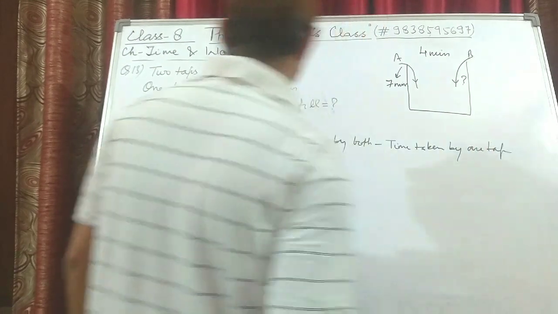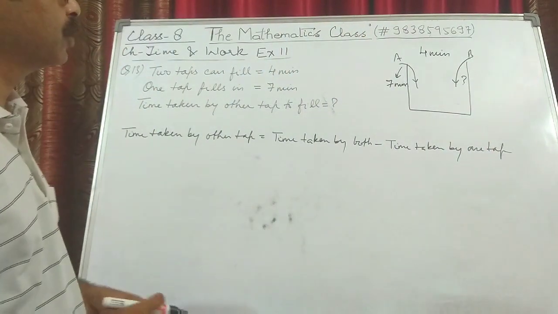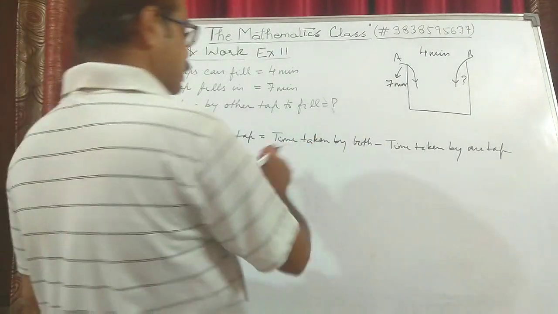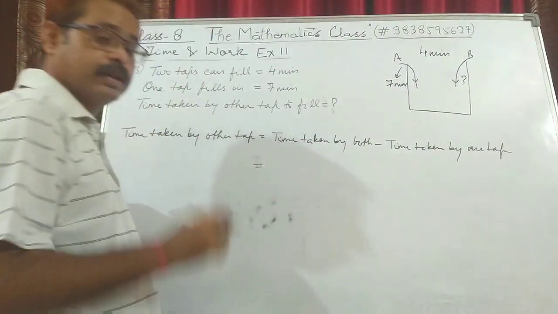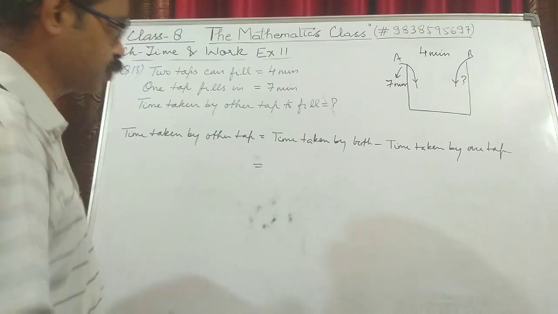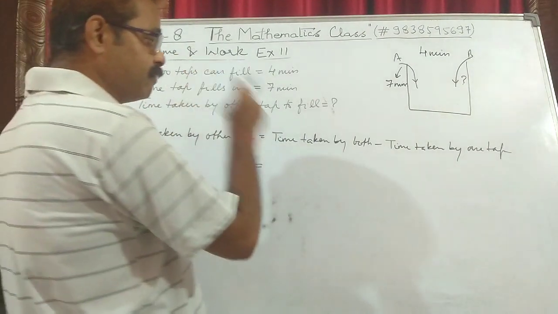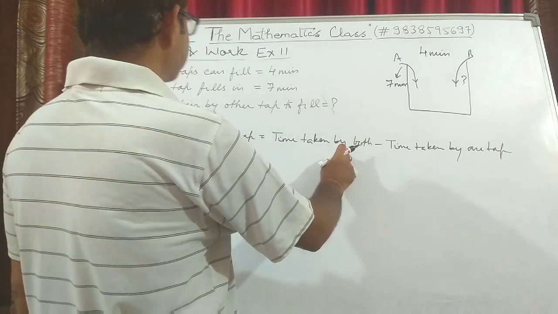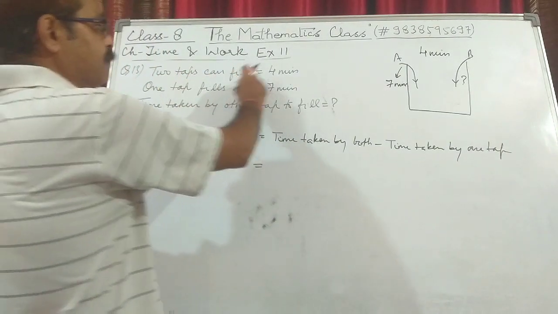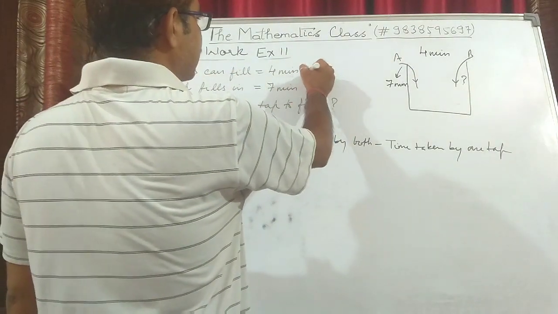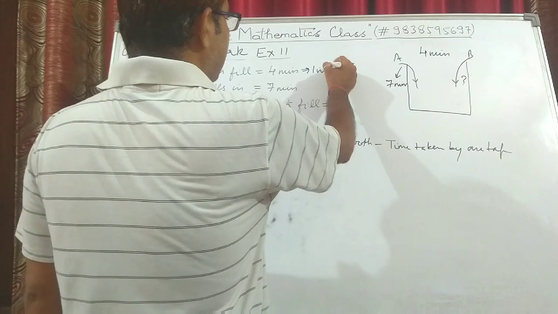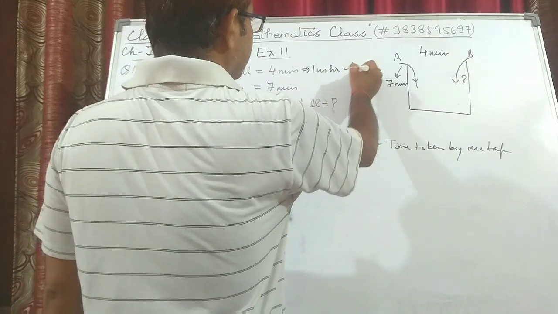Now in this we generally don't write time taken by this and this. We will write it in the form of what we have learned, that since 2 taps can fill it in 4 minutes, in 1 minute it will finish how much?